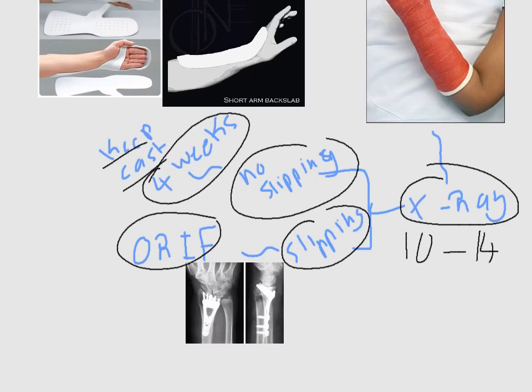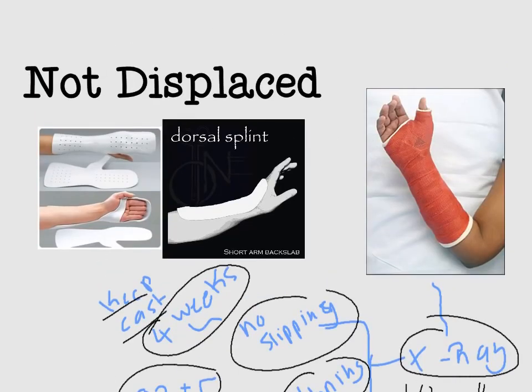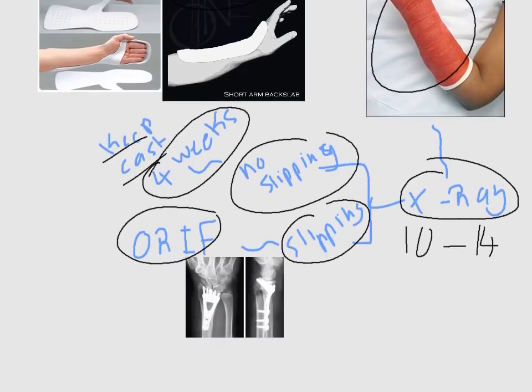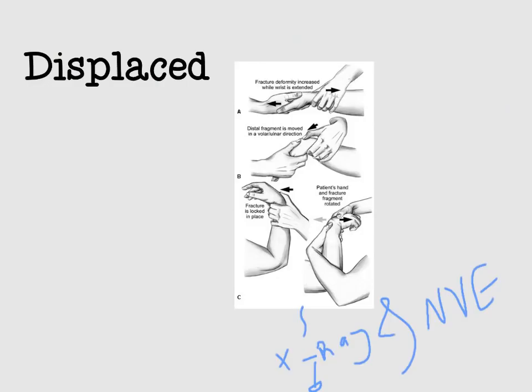So again, dorsal splint, wait for the swelling to resolve, then full cast, then wait 10 to 14 days. We make an X-ray to show any slipping. If there is no slipping, we keep the cast for 4 weeks. If there is slipping, we do open reduction and internal fixation.